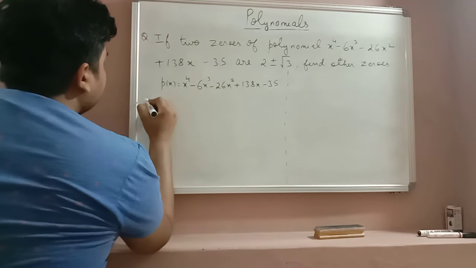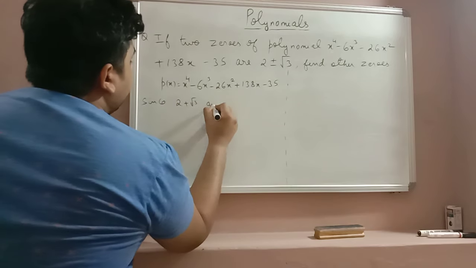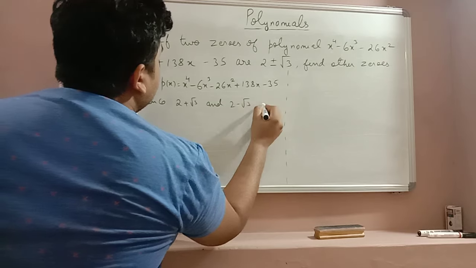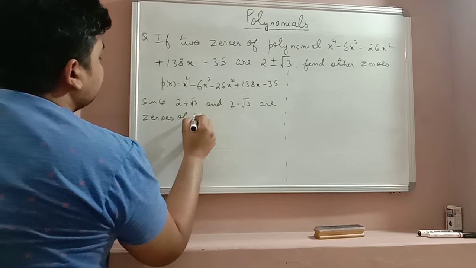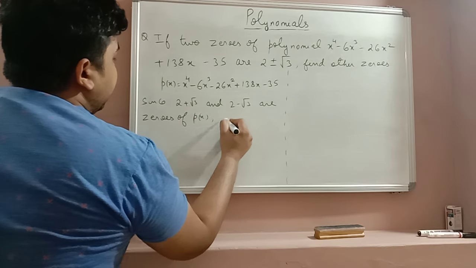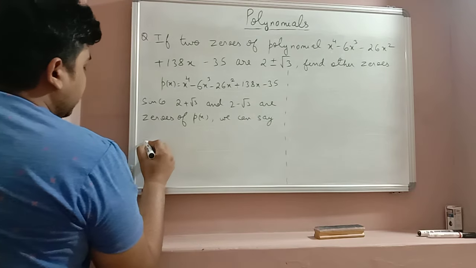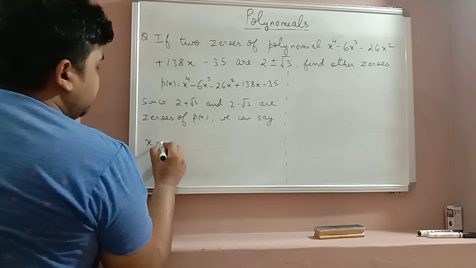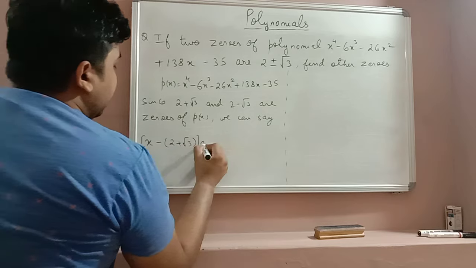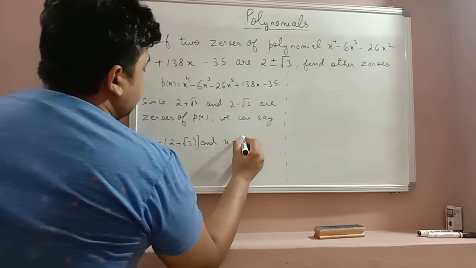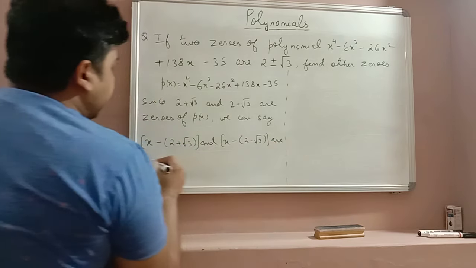Now, since 2 plus root 3 and 2 minus root 3 are zeros of p of x, we can say that according to factor theorem, x minus 2 plus root 3 and x minus 2 minus root 3 are factors of p of x.